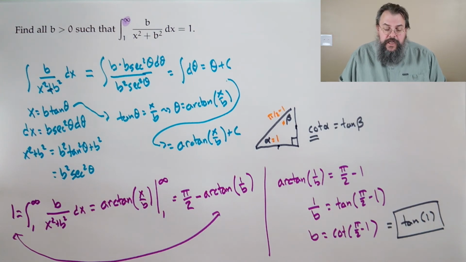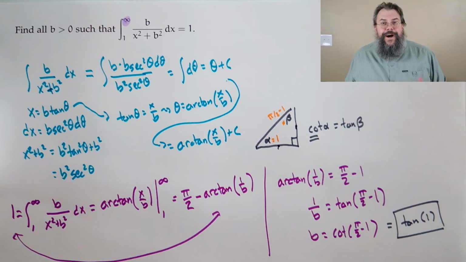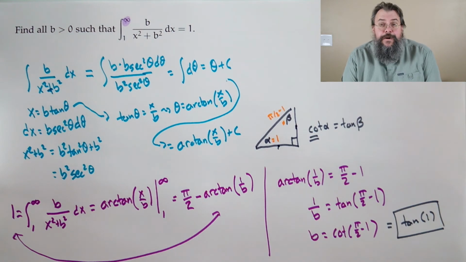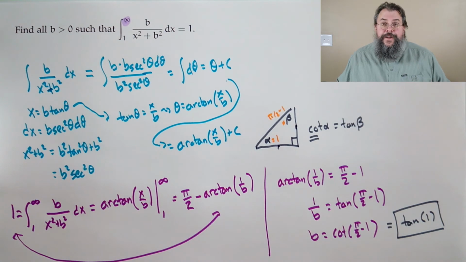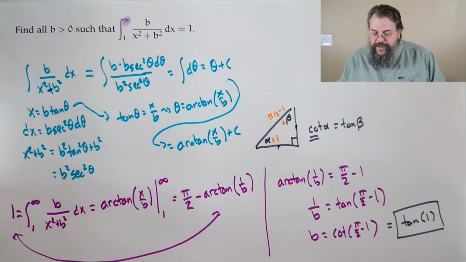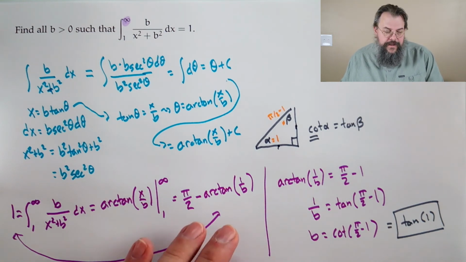What a really clean answer. It's almost too good, right? Now you might be saying, hey, can we replace tangent 1 by something? And no, tangent 1 is just tangent of 1. There's not a nice value. Of course, we can always get a numerical value, but for us, that's all we need to do. And we're done. Good.